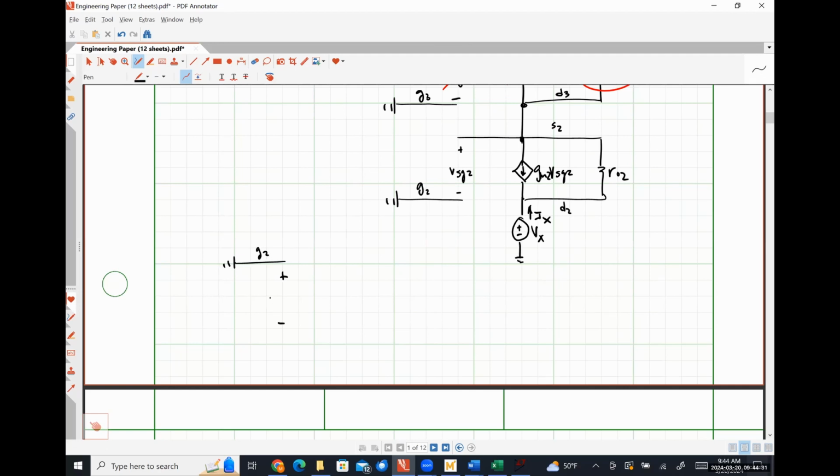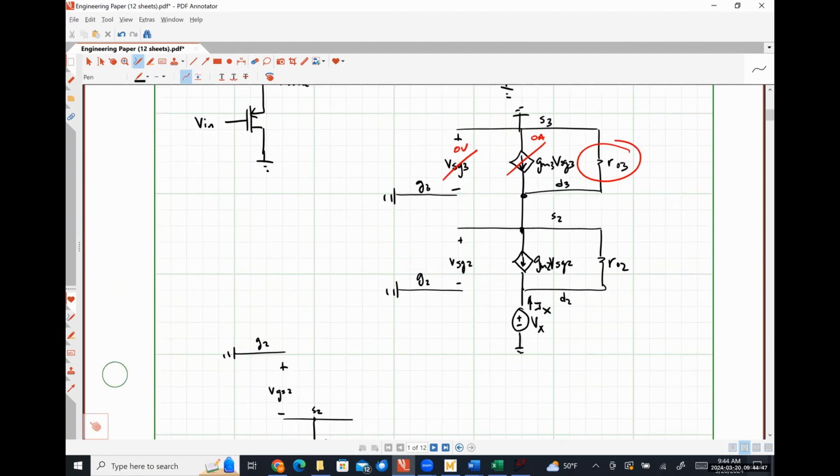I'm going to call this VGS2. This is my source for transistor 2. This is that resistance R03 that is between the source of 2 and AC ground. So it's taking the role of literally that whole thing right there.